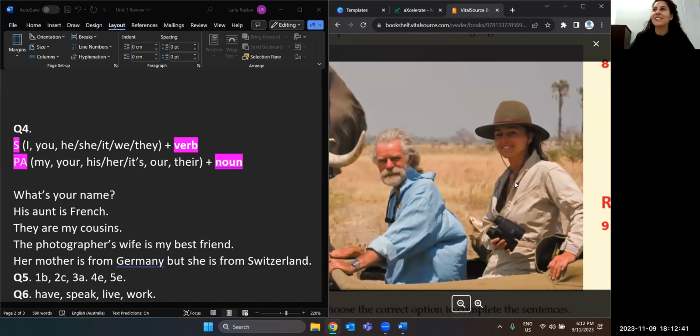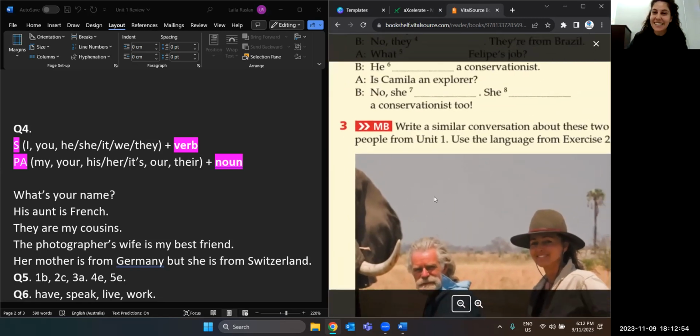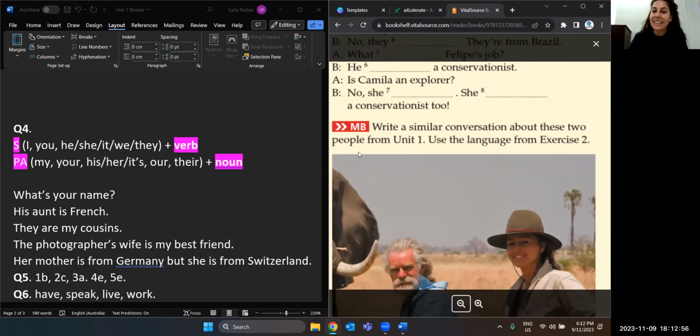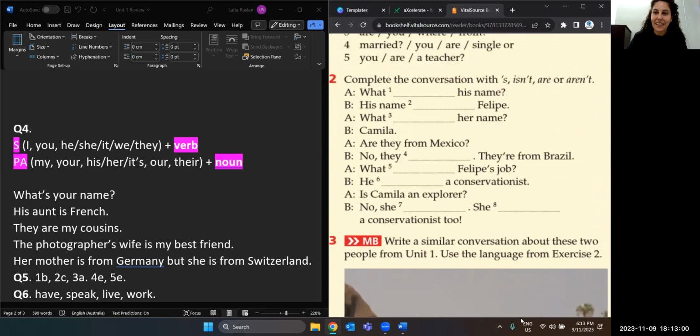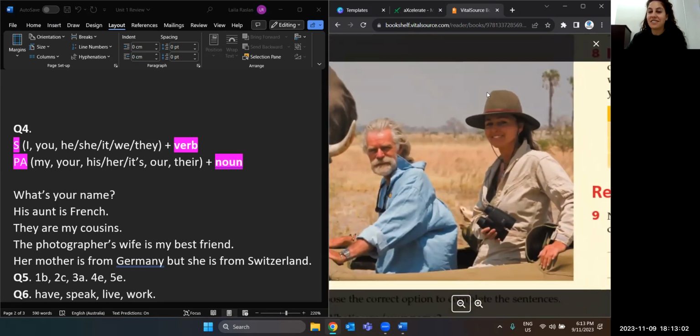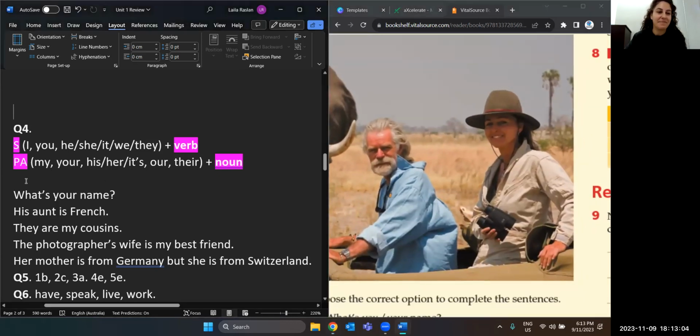Who's looking at these two? The conversation is meant to be between Beverly and her husband. It's about them. They are the characters. Oh, I know, I said it. It says write a similar conversation about these two people. That's okay. Let's read it. That's interesting. Okay, yeah, go ahead.